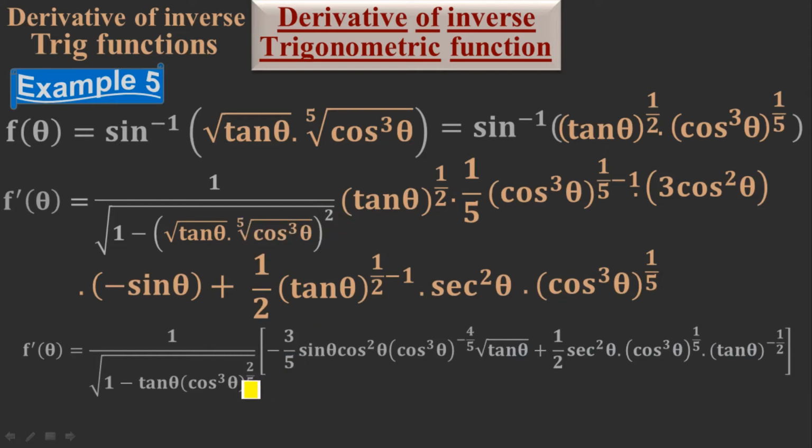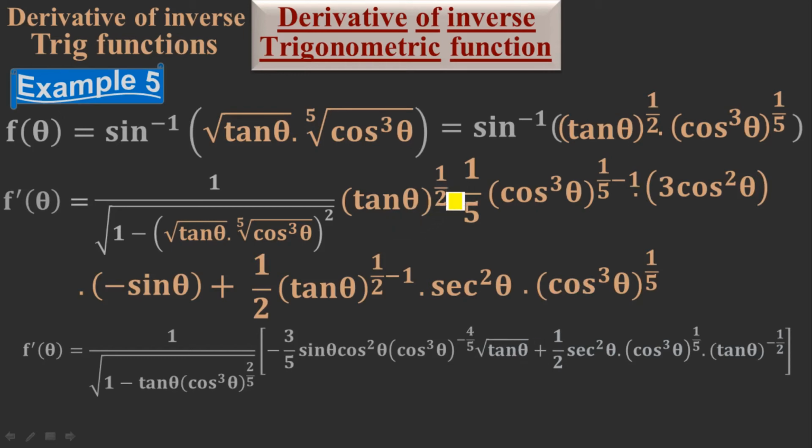That's why I put 2/5 here. That is negative sine theta. Therefore, into negative 3/5, there is 5 here, 3/5. 3 is here, 3 is here, and then cos square theta, and then times cos cube to the negative 4/5, because 1/5 minus 1 is negative 4/5, times tangent theta under the root.